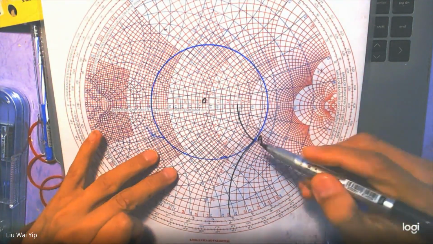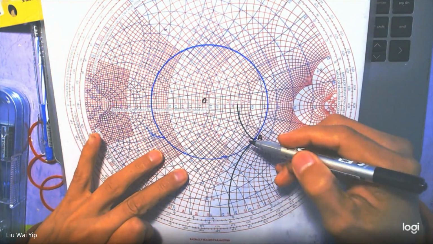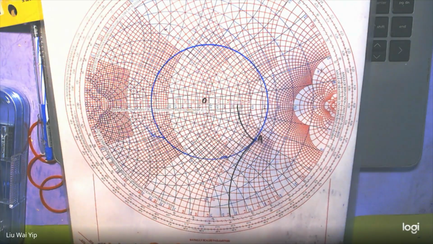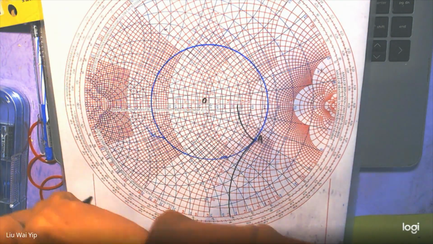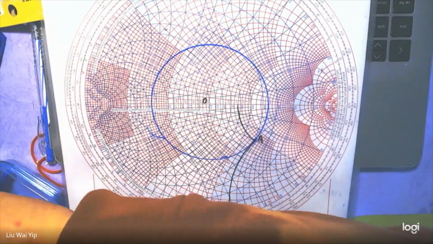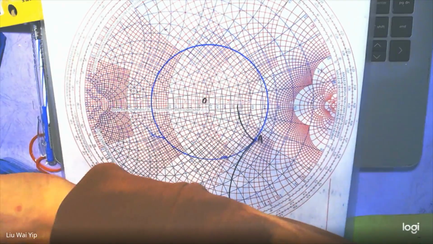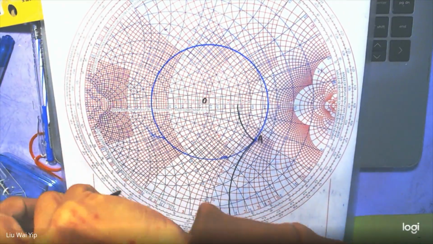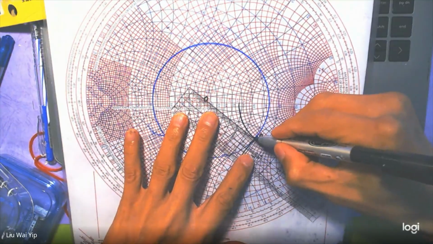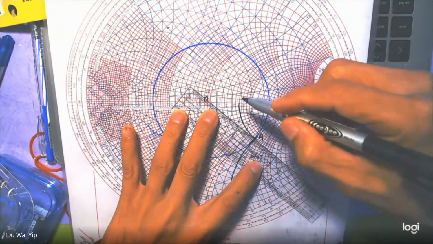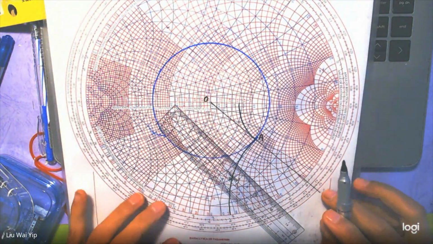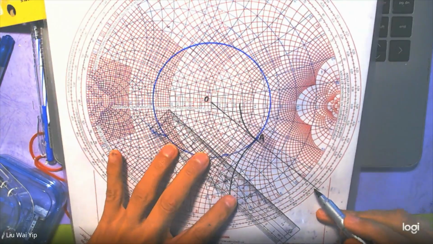The next thing that you are going to do is to draw a straight line connecting O and A. So O and A, and then write down the angle of the reflection coefficient.